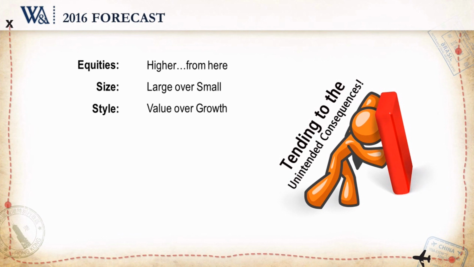And so that's created opportunities for value sleuths, maybe to outperform their growth counterparts. And in terms of domicile, the selling in emerging markets has been extreme, and it's been going on for a long time. And it may be that the selling is just kind of getting exhausted. And so we think maybe the emerging markets find a bottom in 2016.